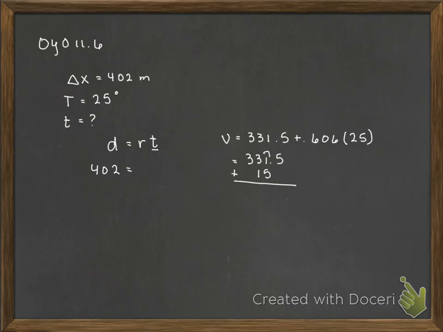And the significance this time is right here. So the 5 bumps the 6 up to a 7. So the velocity in 25 degrees Celsius is 347 times t.